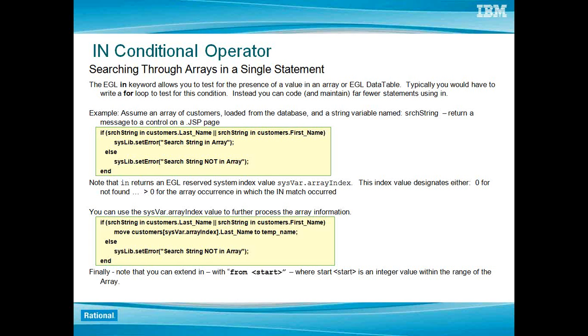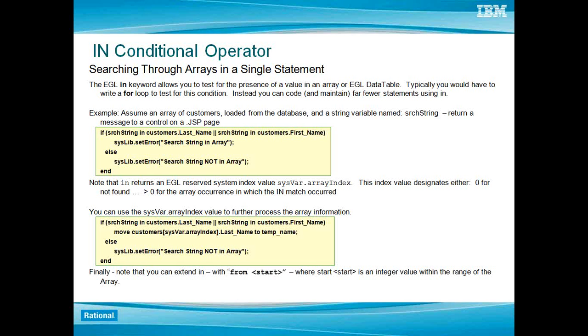Normally, we would use a for loop to iterate through all of the values in the array, but in EGL we have the in reserve word, through which it will automatically locate the value inside my array.